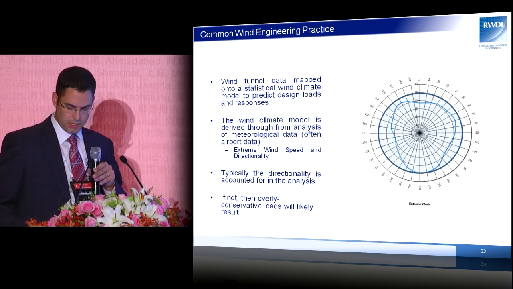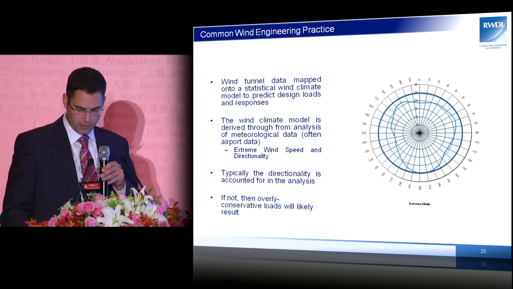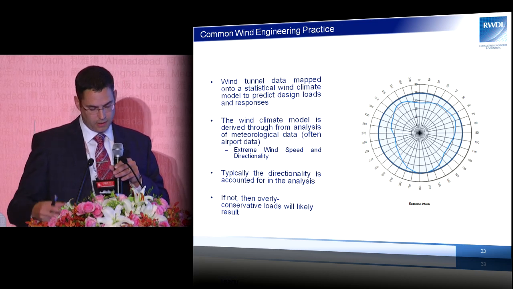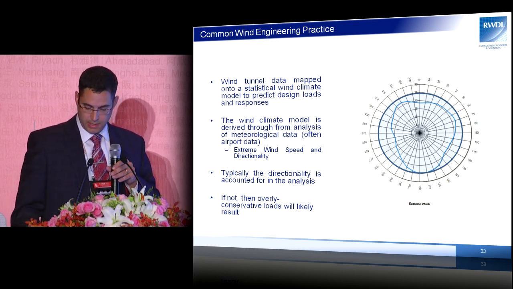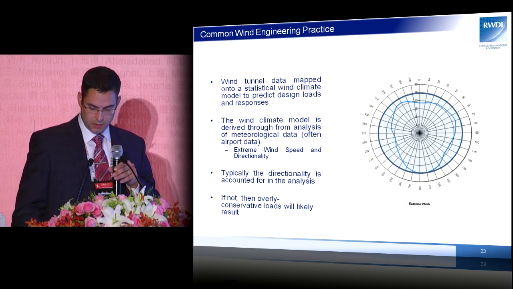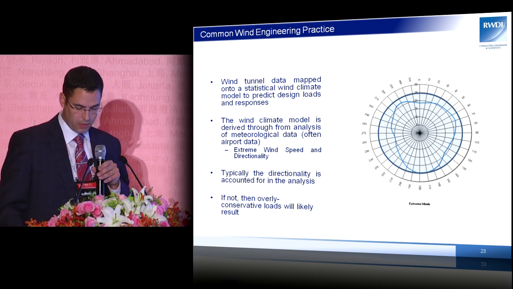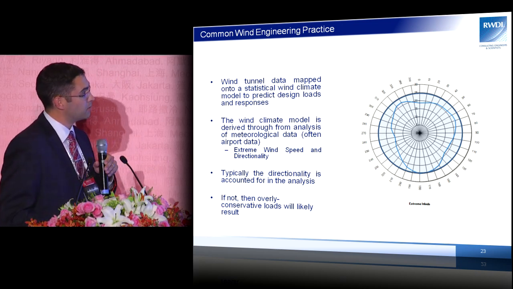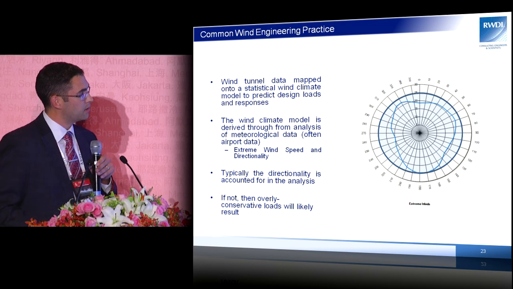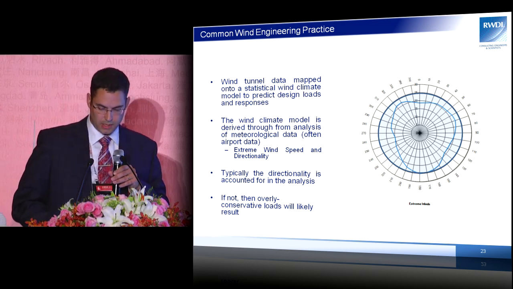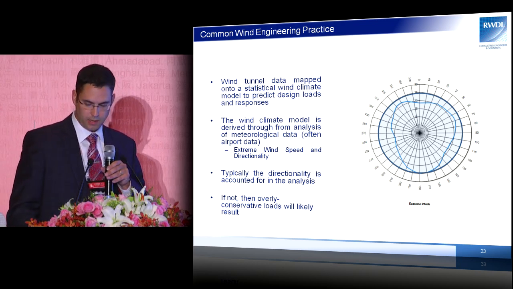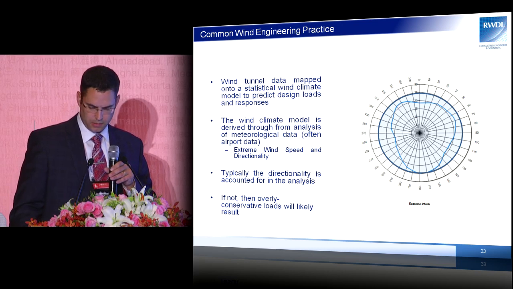In our discussions in the wind engineering group a couple of days ago, we debated the merits of the different directionality methods, but certainly one thing we would all agree on is that non-directional, which is to say that the design wind speed can come from any direction, as I've indicated there, results in something that's quite conservative.